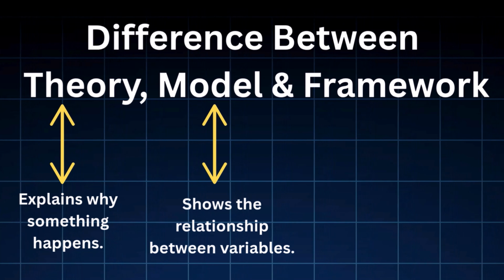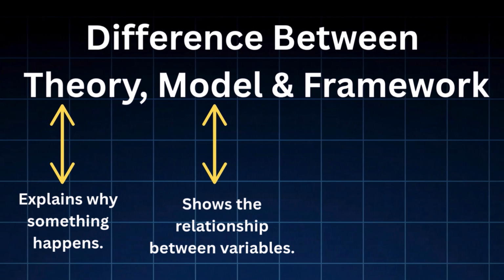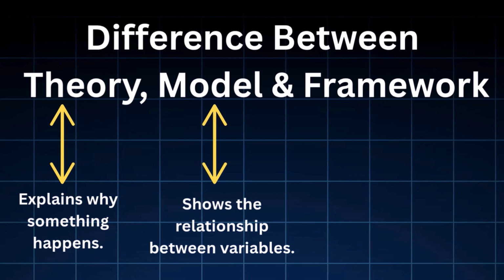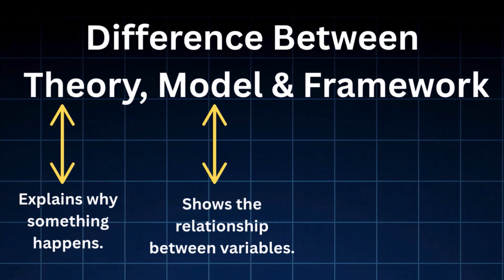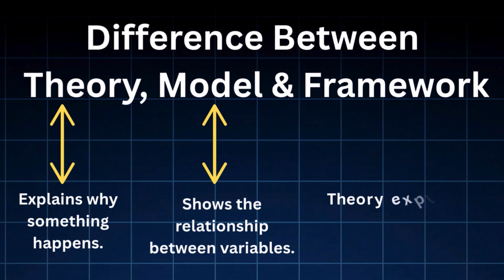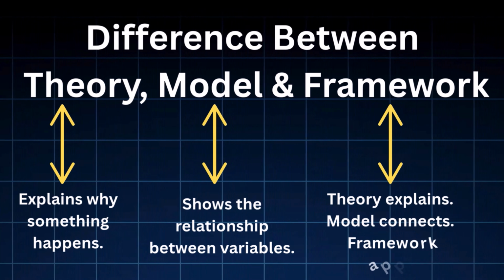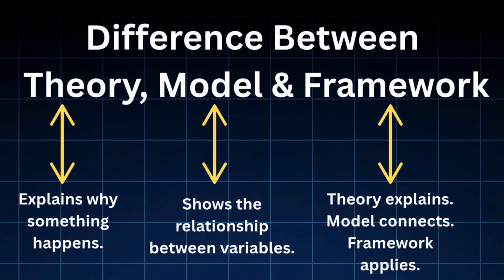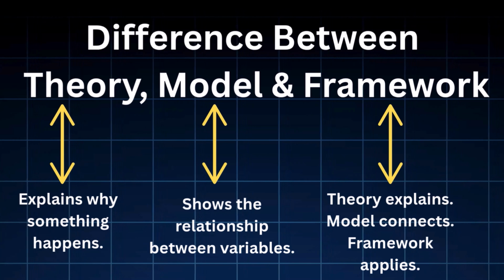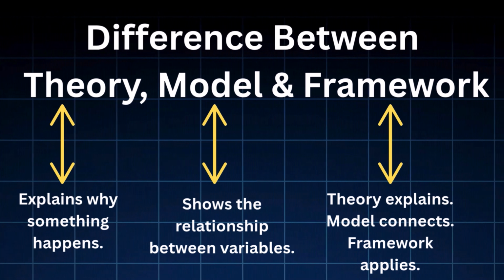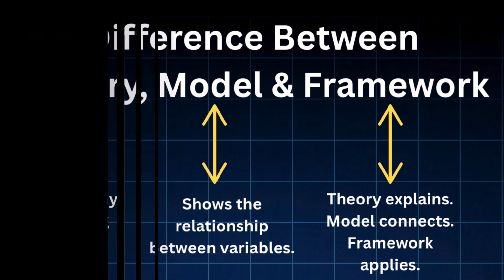Conceptual framework: a customized version of the research model designed specifically for your own study. So remember this simple rule: theory explains, model connects, framework applies. This one sentence will help you remember the difference forever.